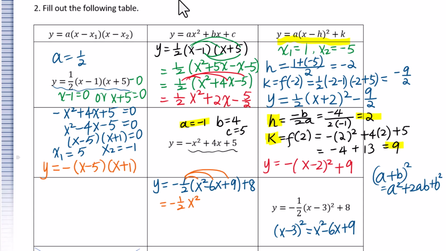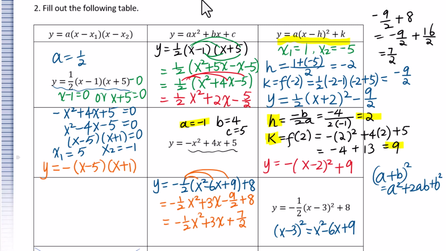Negative 1/2 times negative 6 is 3x, minus 9/2 plus 8. Then simplify: negative 1/2 x squared plus 3x. Negative 9/2 plus 8 is a positive 7/2.